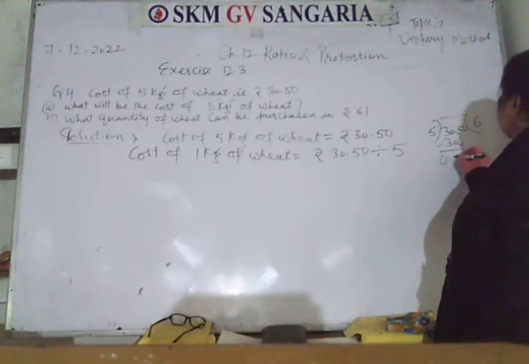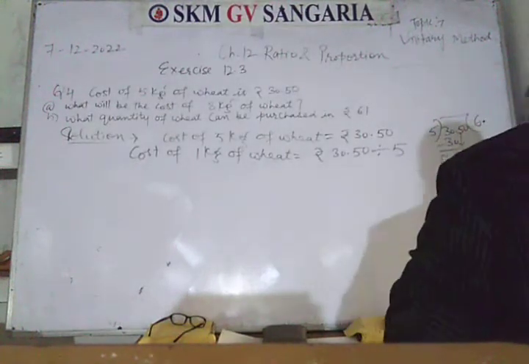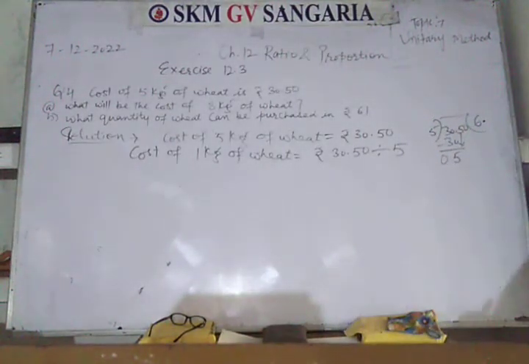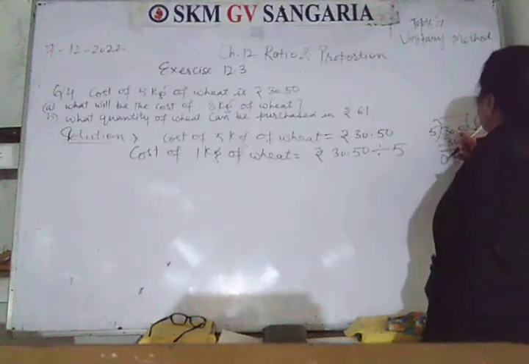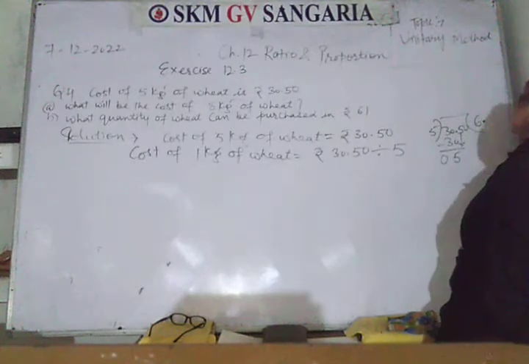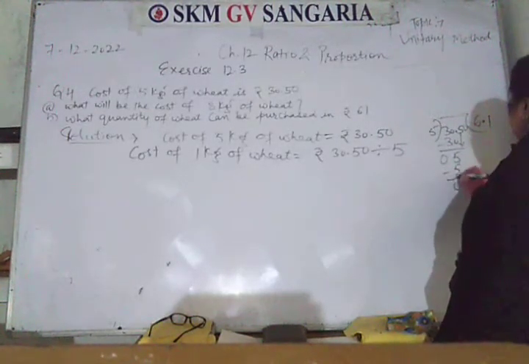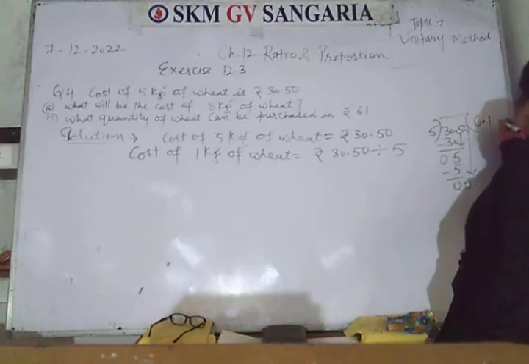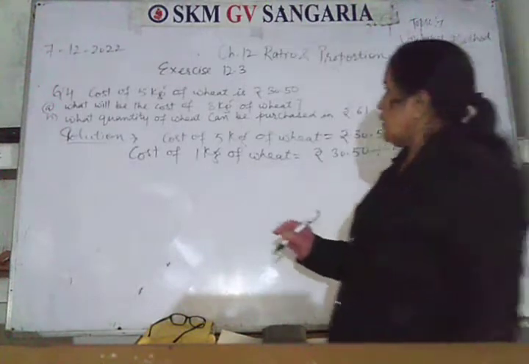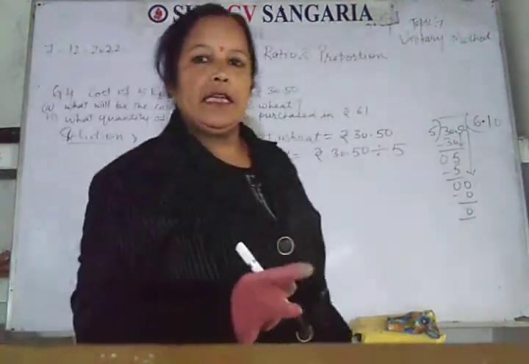Then after the decimal, put the point in the quotient and take 5 as carry. 5 ones are 5. Again 0 carry, 5 zeros are 0. So the cost of 1 kg of wheat is rupees 6, paise 10.